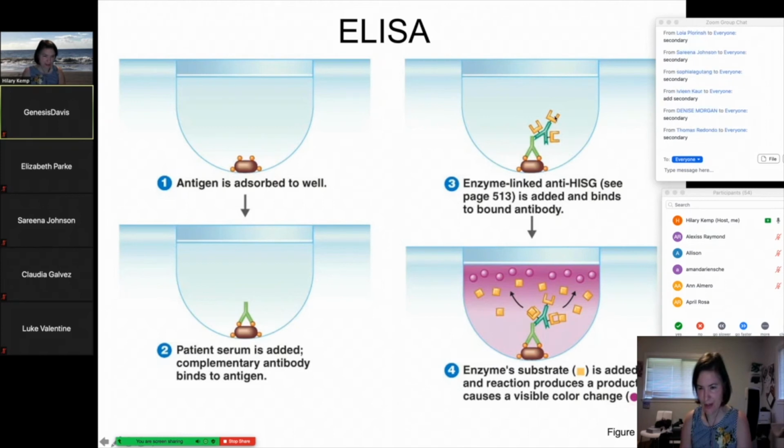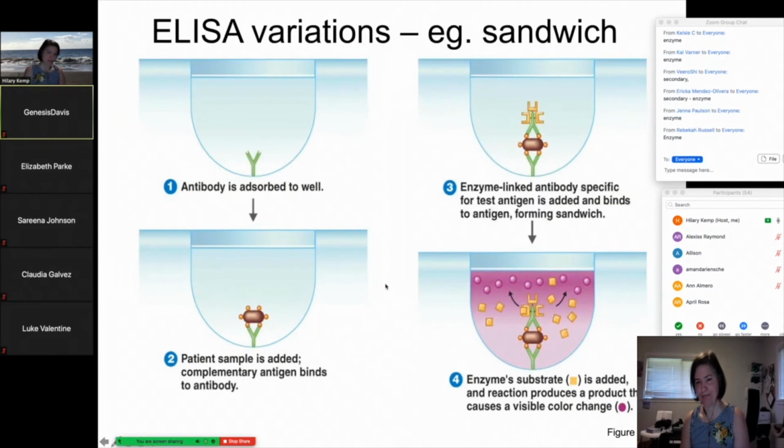What's on the secondary? It's the enzyme. So the secondary binds to the primary and it brings the enzyme. And then we add the substrate. And if all of this happened, then we get a color. But if there was no antigen, then this wouldn't happen and that wouldn't happen. So we either get a color or we don't get a color depending on whether you have, let's say, HIV particles or don't have HIV particles in your bloodstream.